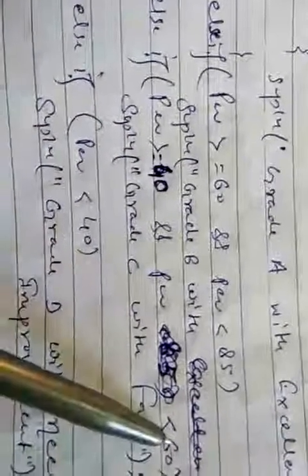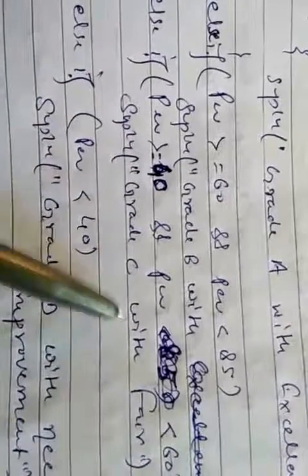Third condition is greater than or equal to 40 and less than 60, so the grade will be C with fair. And in the last case, when the percentage is less than 40, then grade D, that needs improvement.